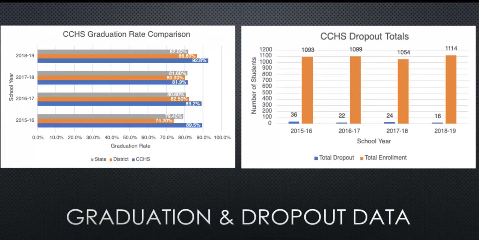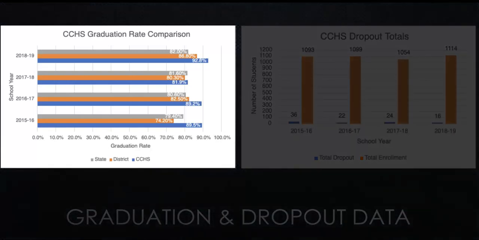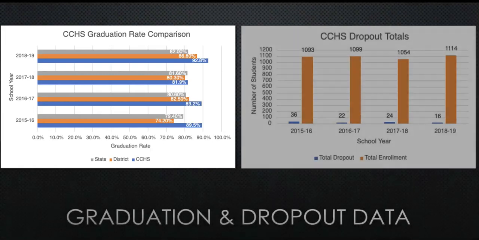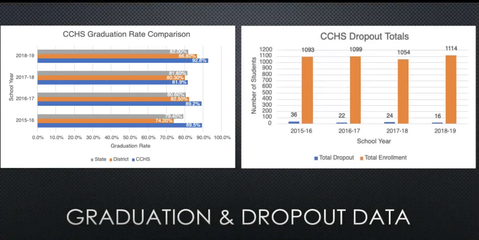Now for the graduation and dropout data. On the left, you're going to see the graduation rate of Coahulla Creek compared to the state and district. Coahulla Creek is the blue line, the district is the orange line, and the state is the gray line. You can see that Coahulla Creek has a graduation rate that is greater than the district and state for all 4 years.